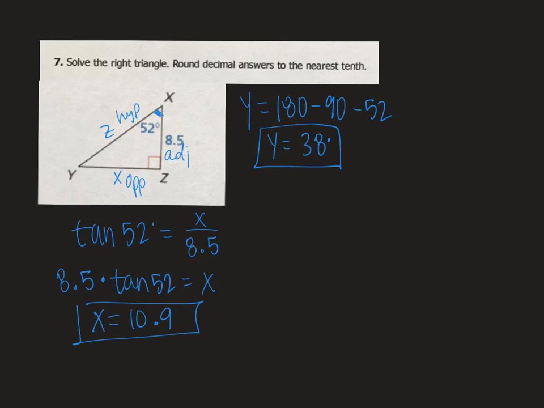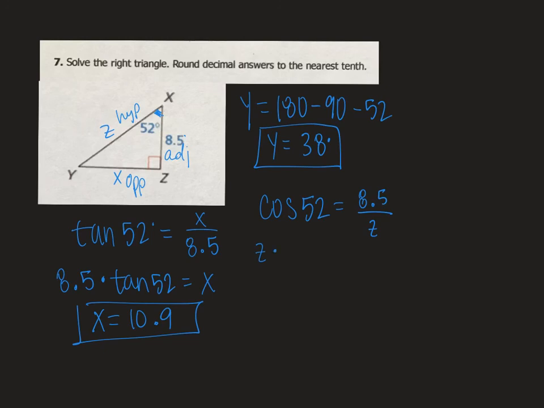And then for z, now remember we want to use the side we were given, not a rounded side. So I don't want to use that 10.9, I want to use that 8.5. So the 8.5 is my adjacent, z is my hypotenuse. So I want to use cosine of that 52-degree angle equals 8.5 over z.